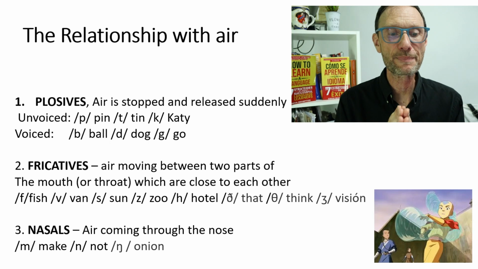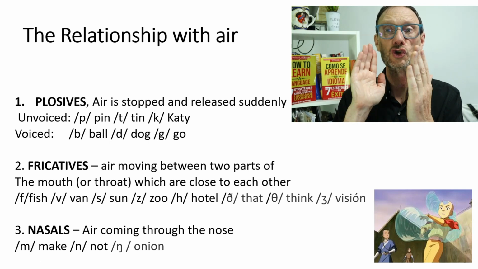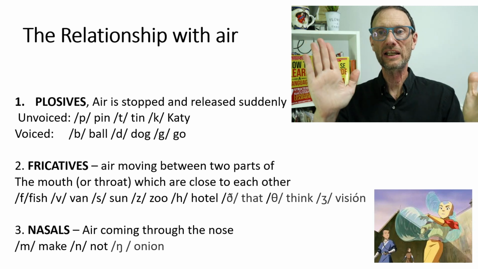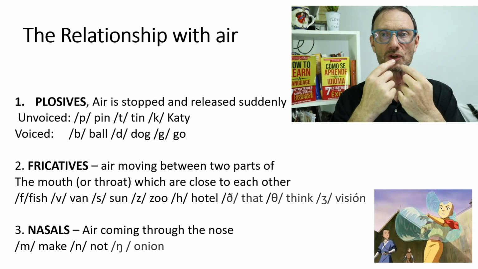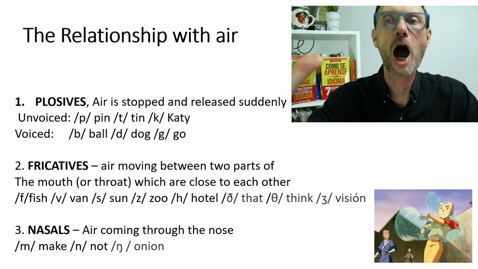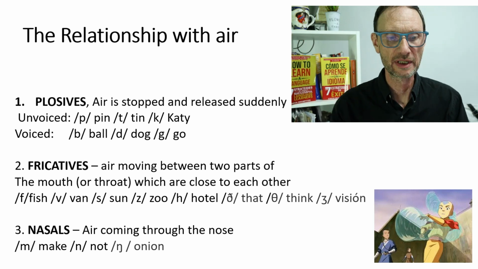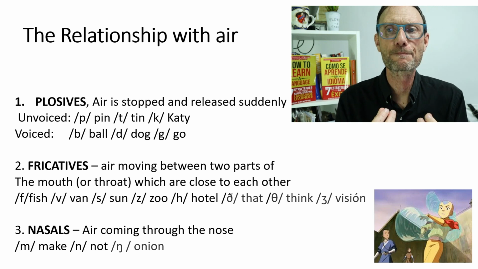Number 1 are plosives. Plosive means that the air is stopped and released again suddenly. So the air comes from your throat, comes out, is stopped, and then explodes. Let's look at some examples. Let's do the unvoiced first, which is p. Pin.